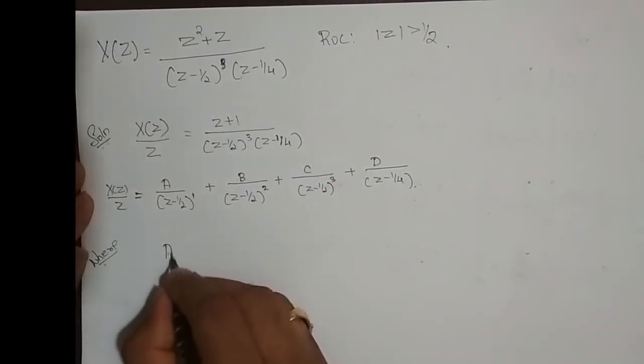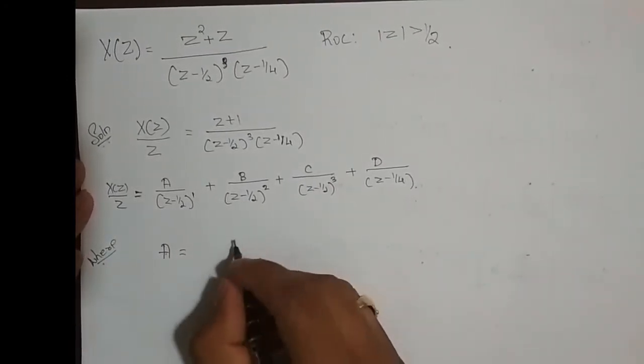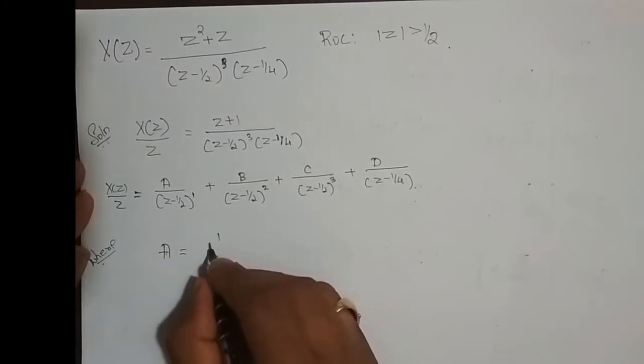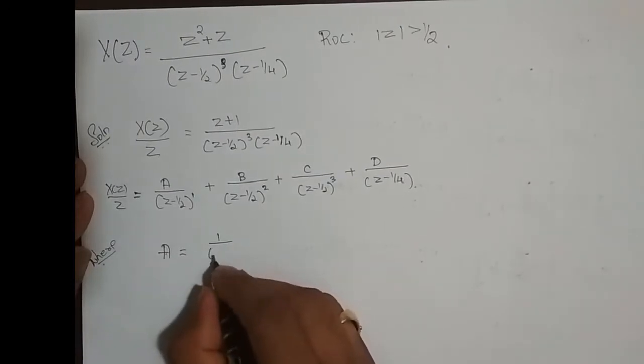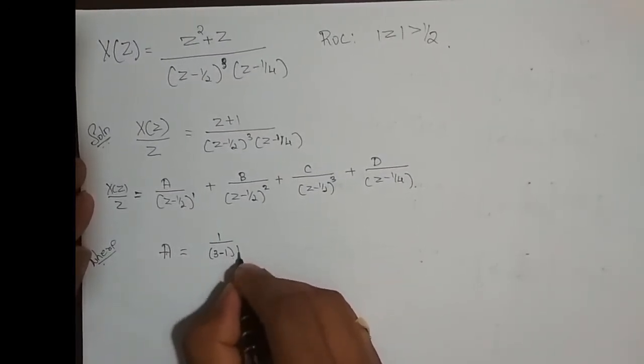Where A is equal to 1 divided by, how many times are the roots repeating? 3, right? So it is 3 minus 1 factorial.